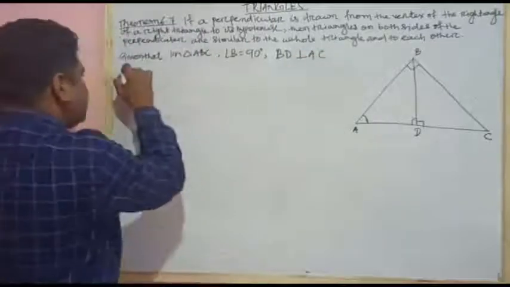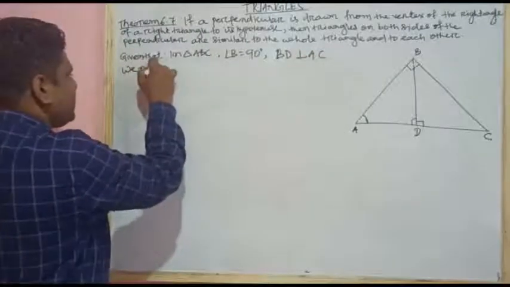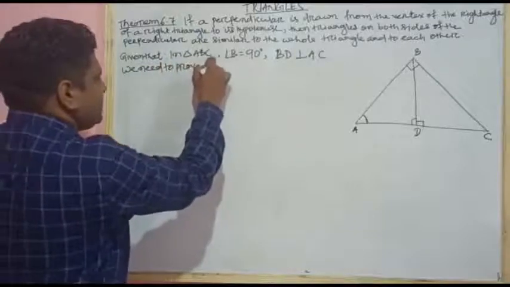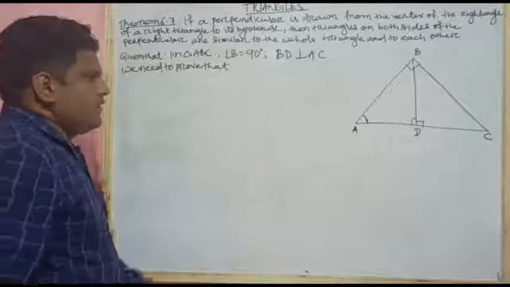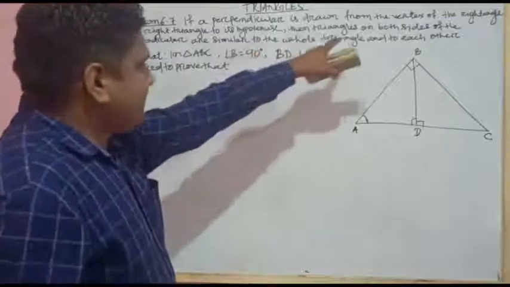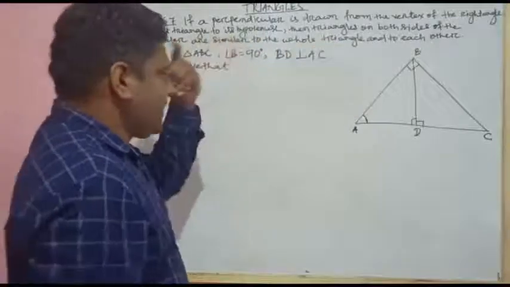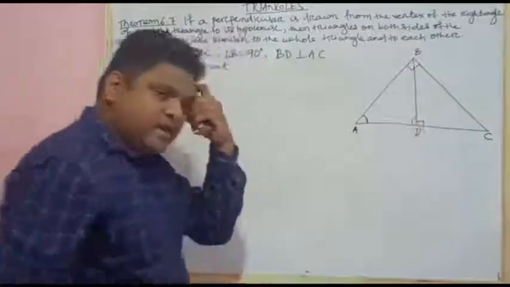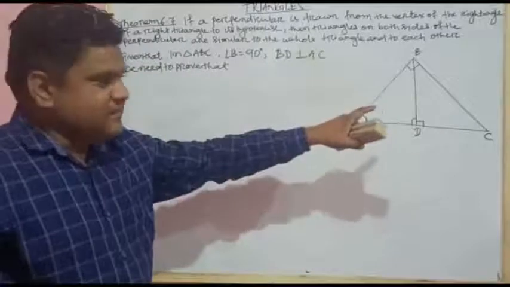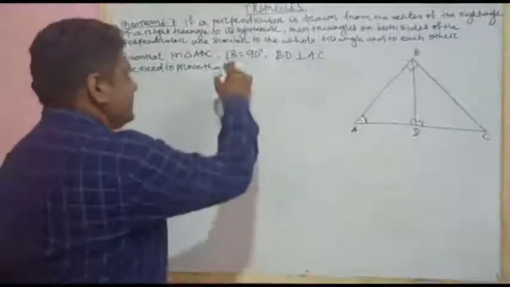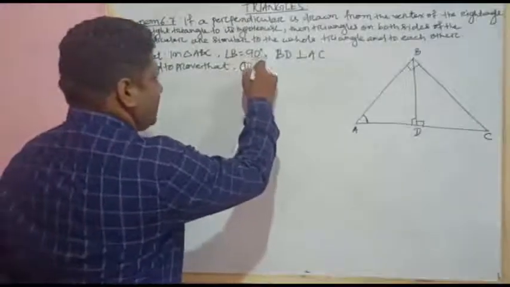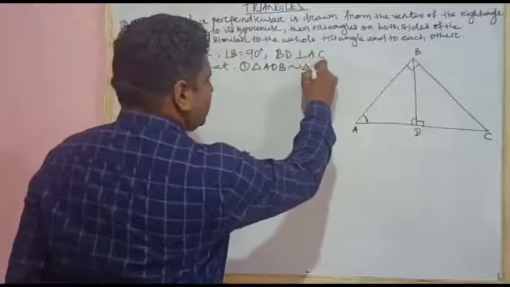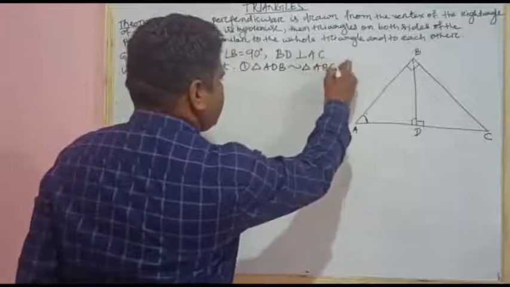We need to prove that the triangles on both sides of the perpendicular, means this is the perpendicular and these two are triangles on both sides of the perpendicular, are similar to the whole triangle. First, triangle ADB is similar to triangle ABC.